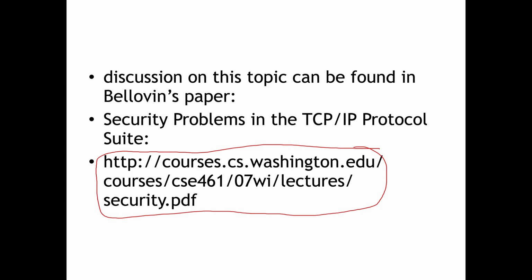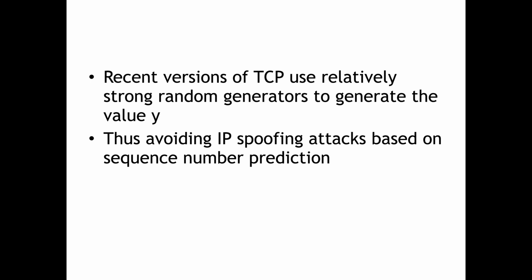The idea is to come up with and to devise protocols that make the sequence numbers unpredictable. If the sequence numbers can't be predicted, this type of attack doesn't work. So the way that this is actually accomplished is to use relatively strong random generators to generate the value of y. In other words, y can't start at 1, or 100, or 101, or 1024, or whatever.